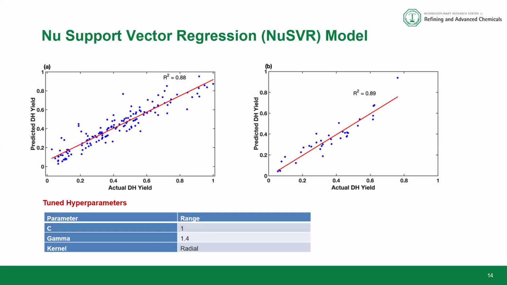This model has various hyperparameters: the C, the gamma, and also the kernel that is used, maybe radial or linear and so on. After the tuning using grid search CV with 5-fold cross-validation, we obtained these values as the optimum hyperparameters.